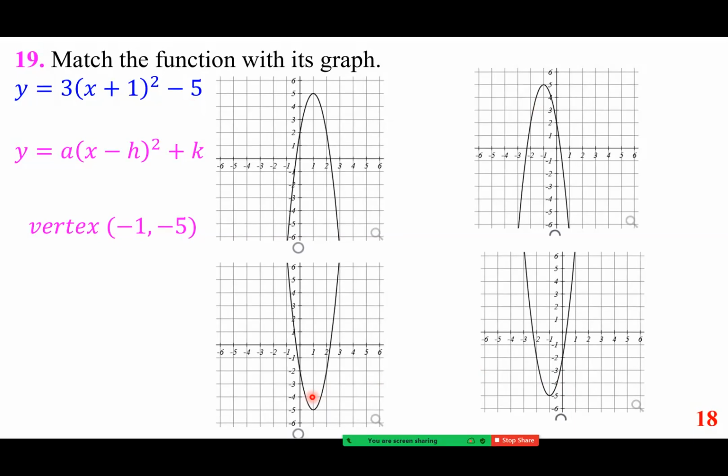For example, this one is located at +1, 5. This one has -1, +5. These two are out. This one is located at 1, 5, but we want -1. This one seems to be located in the right place, so that's the answer. And of course, if you find an easy point, you can always check it.